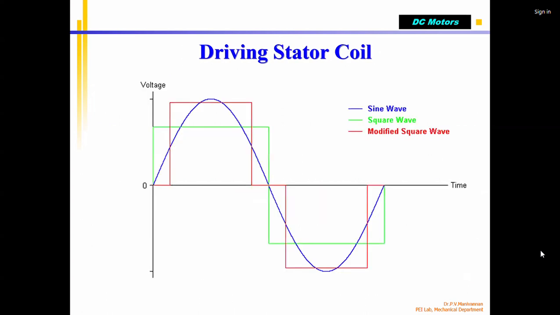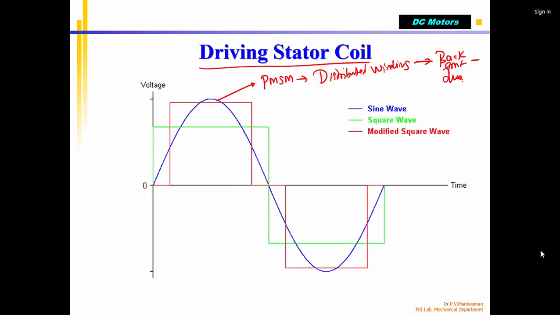Okay, see here. I am talking about the stator driving current. If the motor is a permanent magnet synchronous motor, what is the winding type? Distributed winding. Correct? If distributed winding, the back EMF is generated due to the rotor magnet.